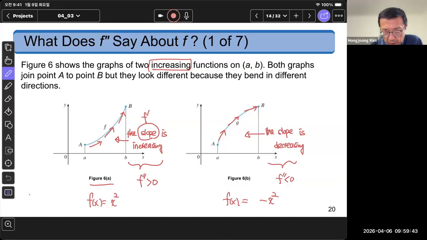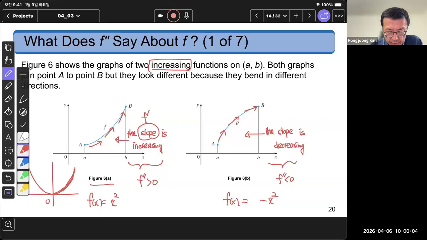If you draw the x squared function to the right of 0, the x squared function is increasing, and the increasing pattern is very similar to that of figure 6a.